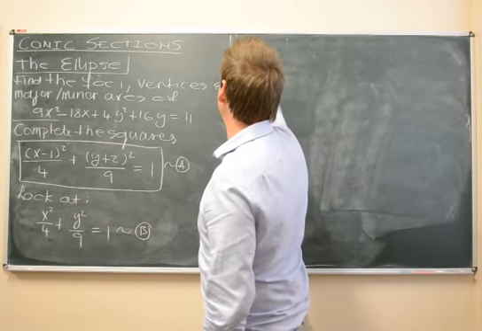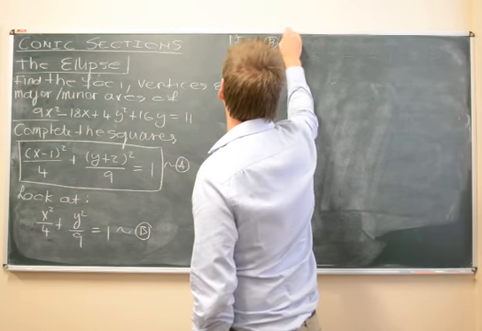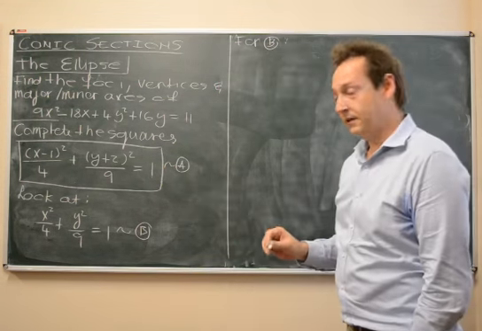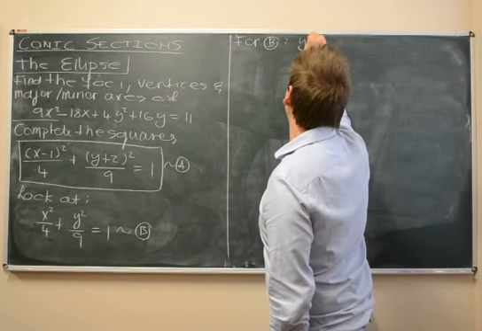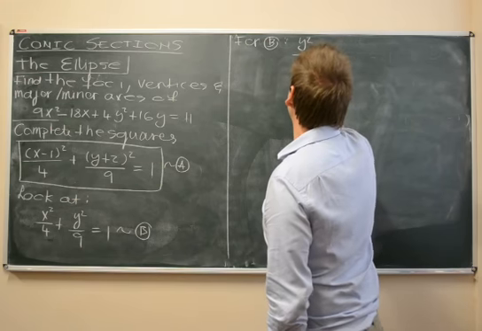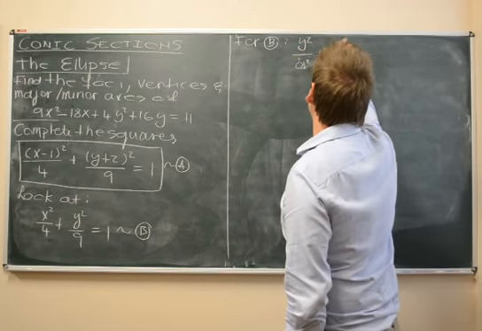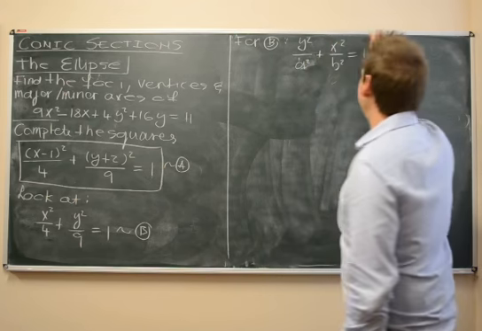So for B, this ellipse is of the form y squared over a squared plus x squared over b squared is 1.